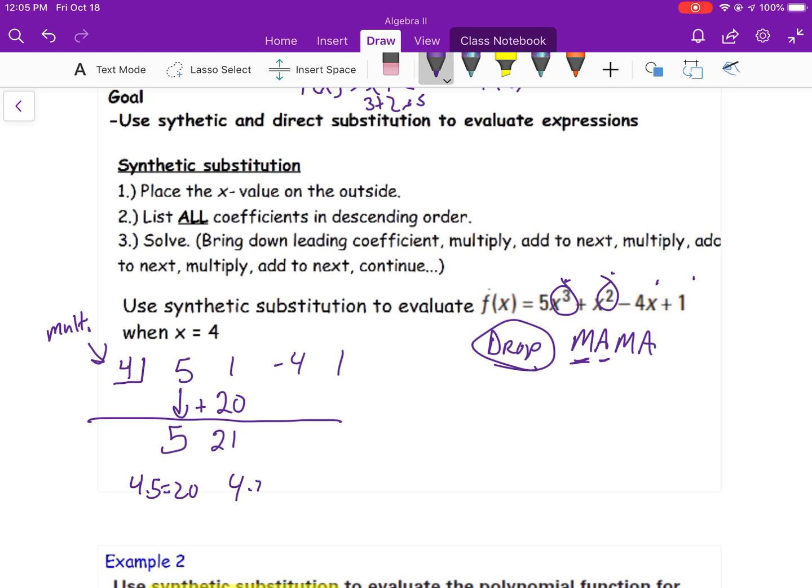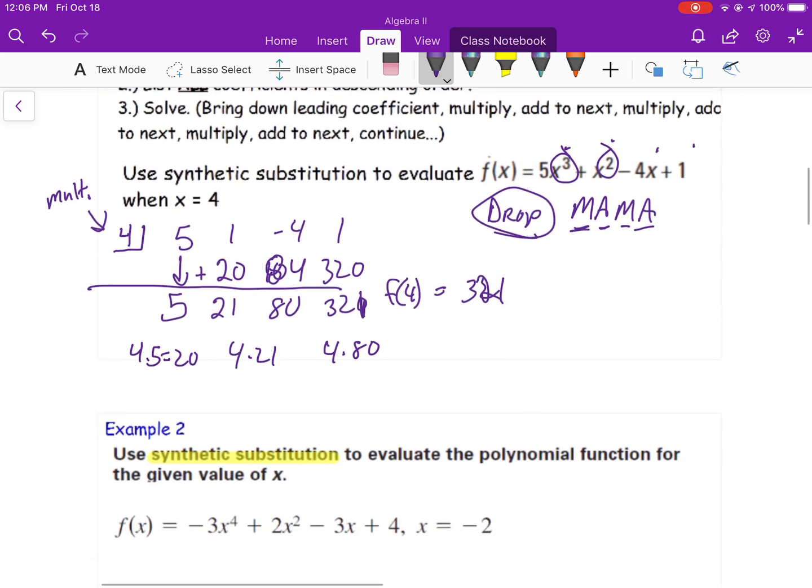I do the same thing: multiply and then add, multiply, add, until I finally get to the last spot. I would get 321. That means when I put in 4, the function would spit out 321.